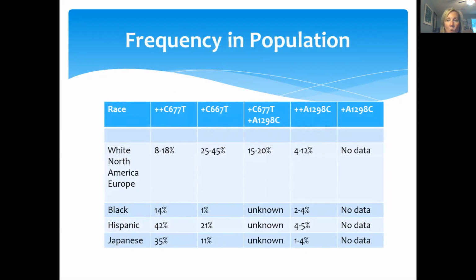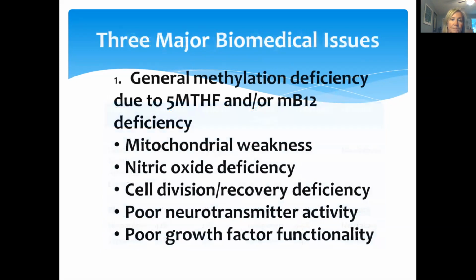There are so many more methylation defects that we'll look at later, but that's huge. If 60% of our population has one C gene, this is something people need to know about and need to find out. I believe it should be tested at birth so that you know right away, and that we could probably prevent a lot of autism if people knew what they had when they were born.